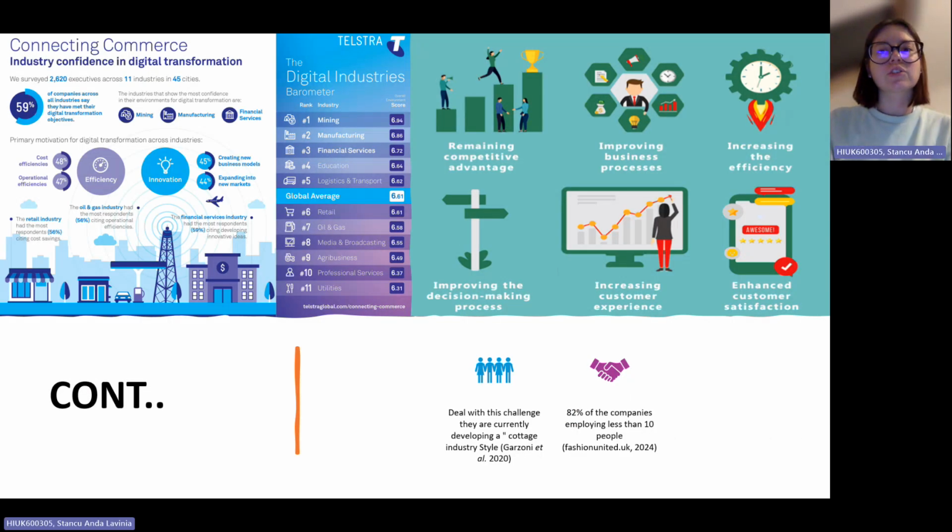Connected commerce. Small and medium-sized business organizations in the textile industry of the UK often have to go through several challenges, such as the lack of availability of sufficient factories. To deal with the challenge, they are currently developing a cottage industry style framework in which micro-factories, as well as small textile workshops, can be set up by fashion designers who want to take control of their manufacturing.